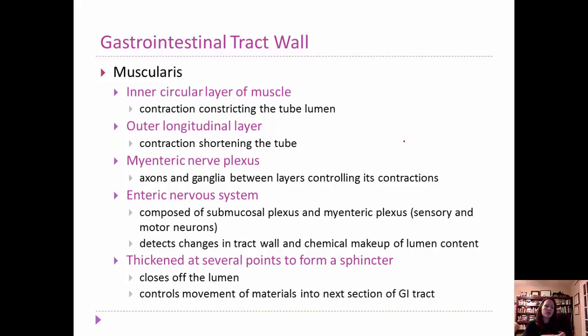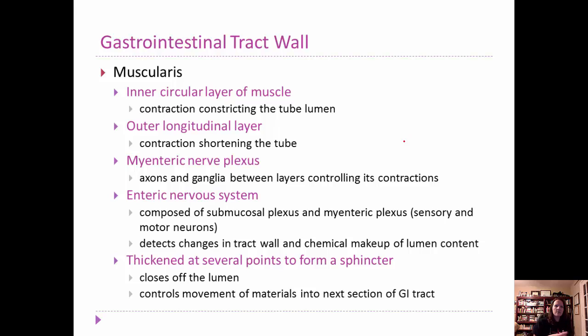So I've talked about 2 nerve plexuses. I think that's the plural for it. The 2 of them, the myenteric and the submucosal plexus. These are going to have sensory and motor neurons. This is actually going to compose something called the enteric nervous system.